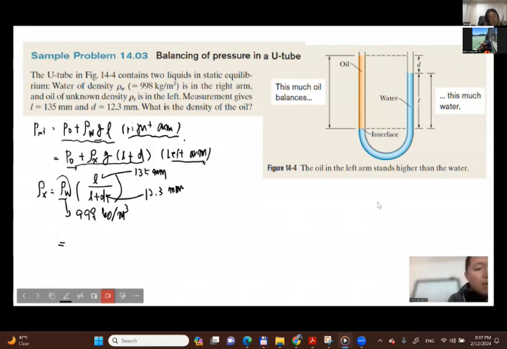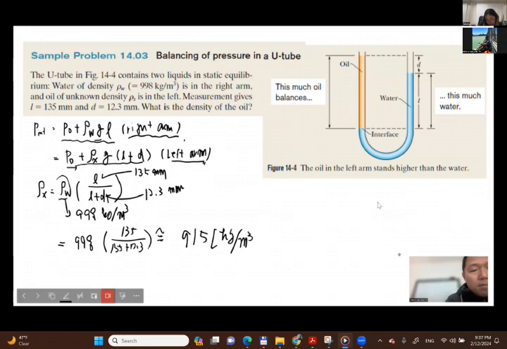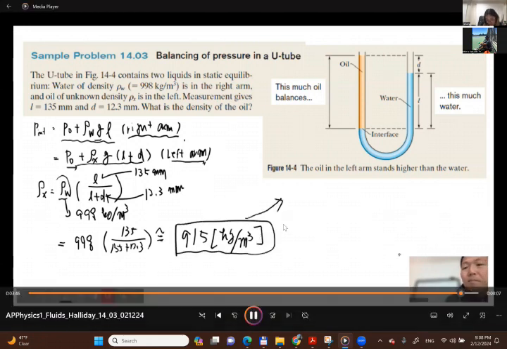If you plug them all in, then 998 times 135 over 135 plus 12.3. So the result of this is 915 kilogram per cubic meter. That is the density of oil in balance with the water in static equilibrium inside this U-shaped tube.